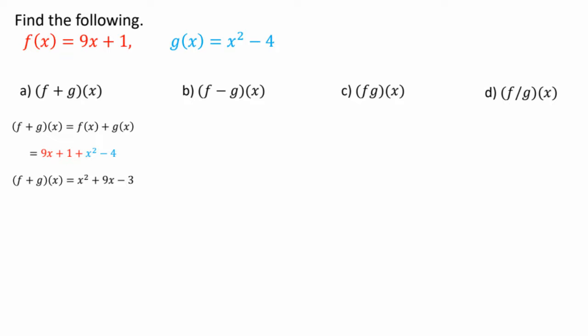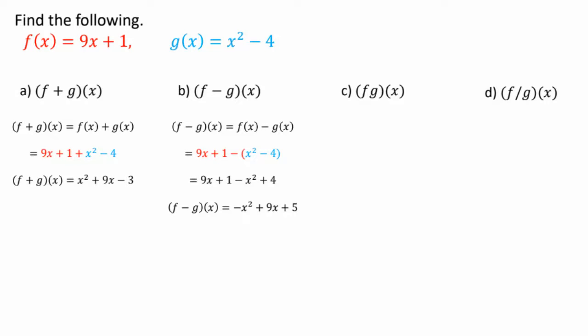B is very similar, except now we're doing a subtraction. So again, I like to rewrite it as f of x minus g of x. That way I just substitute. F of x is 9x plus 1 minus x squared minus 4, which is g of x. So the first thing I need to do to get rid of my parentheses is distribute that negative symbol or that subtraction. A negative times an x squared is a negative x squared.